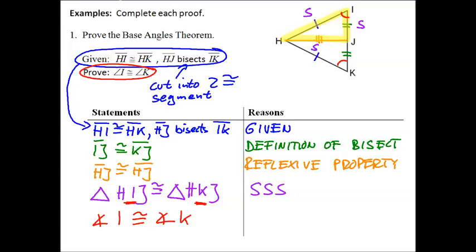And the reason why is that they are corresponding parts. They are in the same position of two triangles that are congruent, and corresponding parts of congruent triangles are congruent. CPCTC. That's what we wanted to find out, and that's where CPCTC helped us for the final proof.